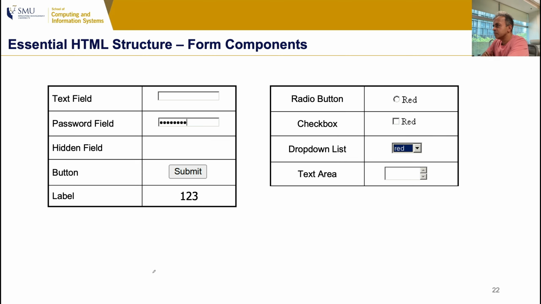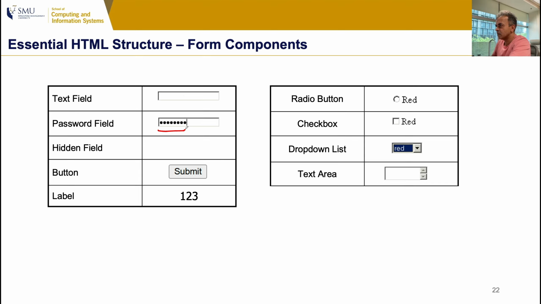Now, one of the most important things that we will do in HTML are forms, because forms give you a way in which you can send data from the front end, from the HTML file, back to the server, and the server will have to deal with the data, and that dealing with the data is exactly what we are trying to learn in this course. So text field, you can type in anything, like suppose it's a name field, Manoj, or name of the course or whatever.